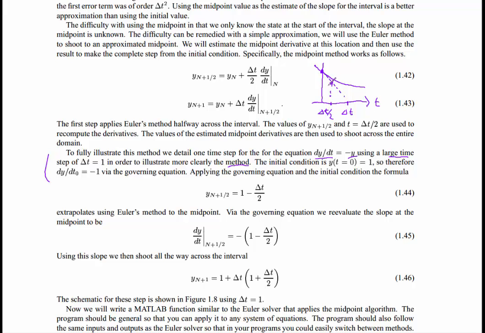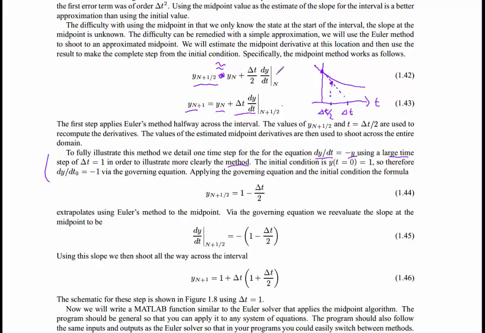And then we'll try to evaluate the derivative for the function corresponding to this one. Okay, so how does this work? If I use the equation yn plus 1 equals yn plus delta t dy dt, I'm sorry, here I'm going to do this one here. Yn plus 1/2 should be approximately equal to yn plus delta t over 2 dy dt.